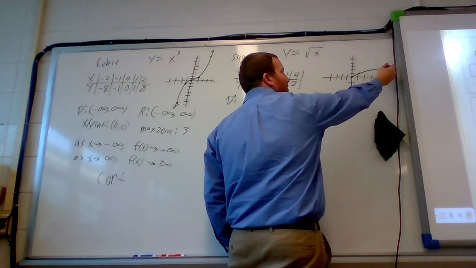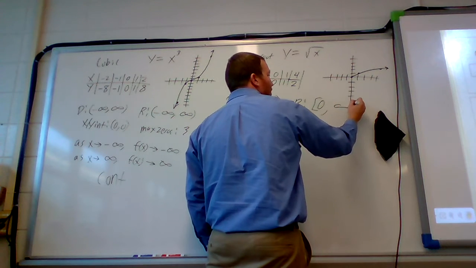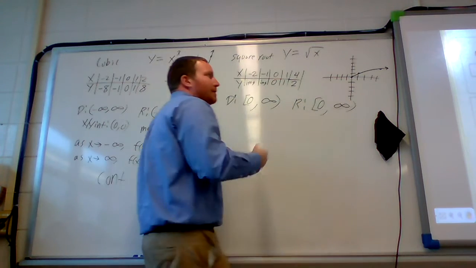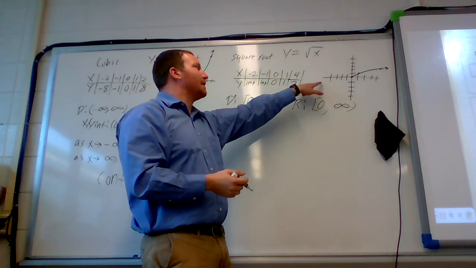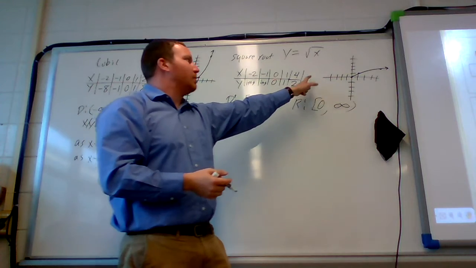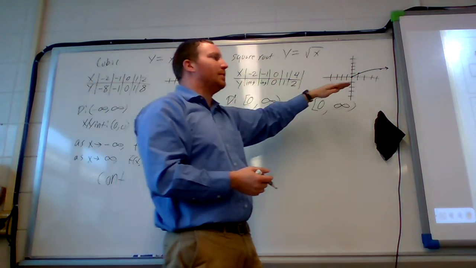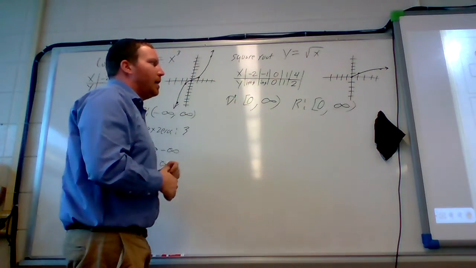Infinity. Right? We have that arrow still going up. Although it's getting a little flat, it's still going up, right? If we go out to 9 on our x value, then we'll be at 3. If we go out to 64 on our x value, we're going to be up at 8. So it's still increasing, just very slow. So it is going to make it to infinity.